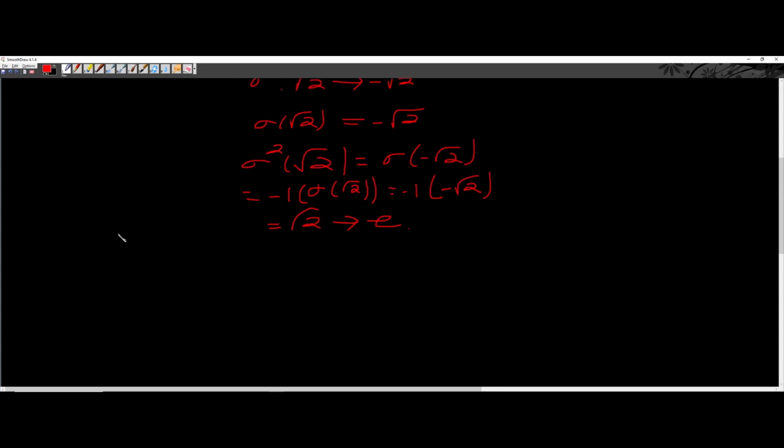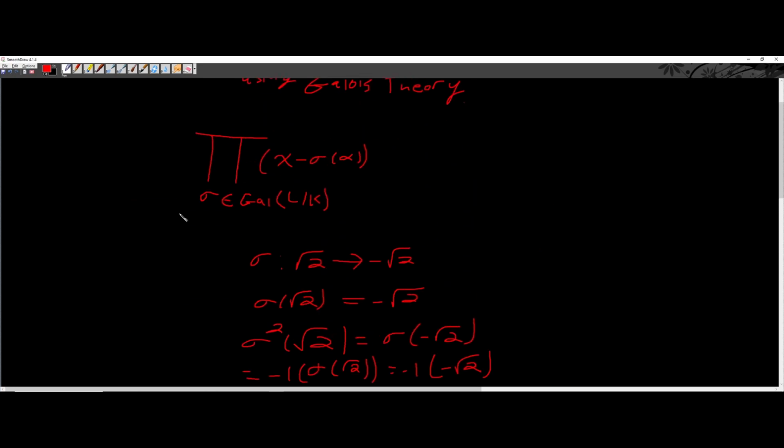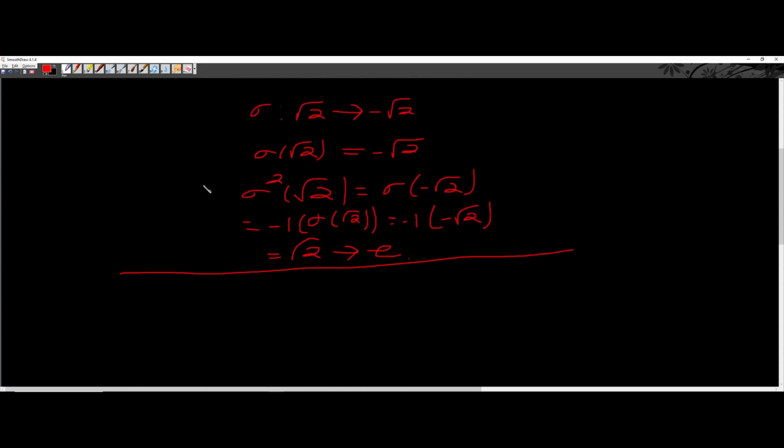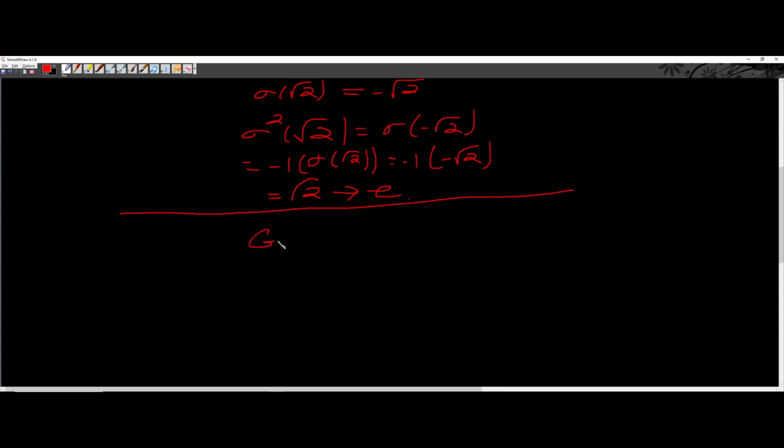So now that we have our Galois group, it's just denoted Gal of Q join square root of 2, and technically that's over Q. That's equal to E and sigma.